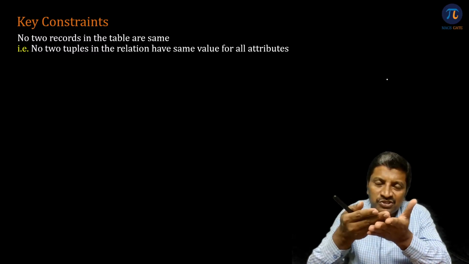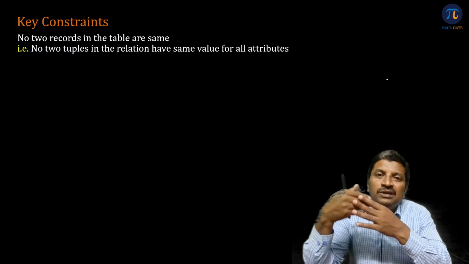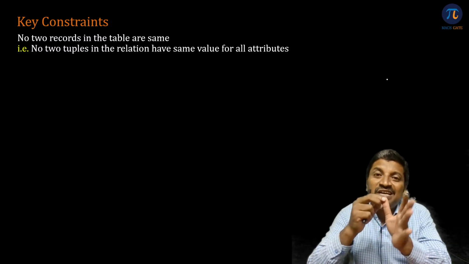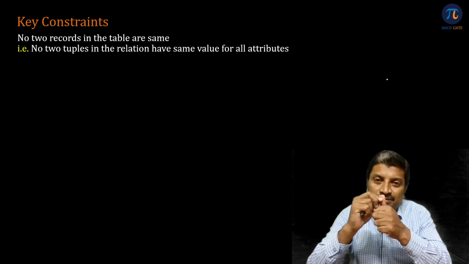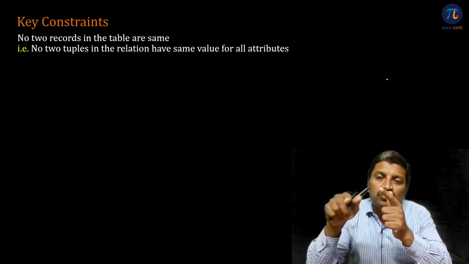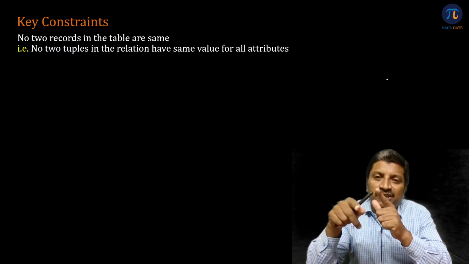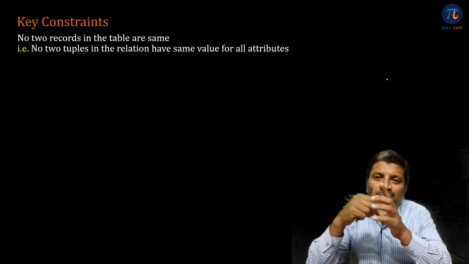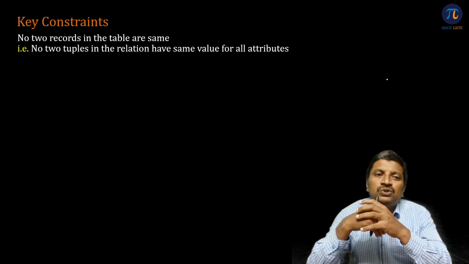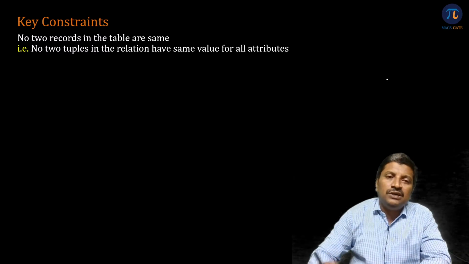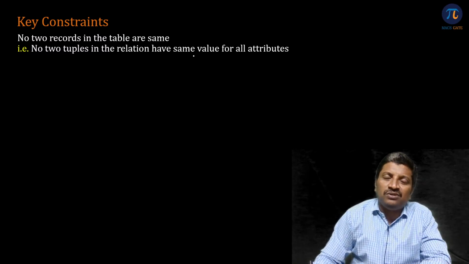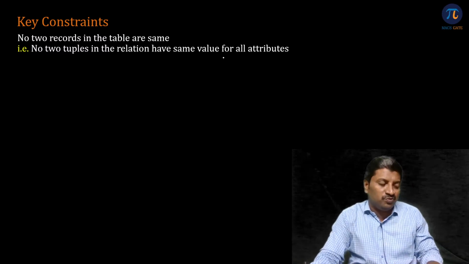Their names may be the same, their class may be the same, their age may be the same, but at least their student ID must be different. If 2 students have all the same details, how can I differentiate between those 2 records? So according to key constraints, no 2 tuples in the relation should have the same value for all attributes.